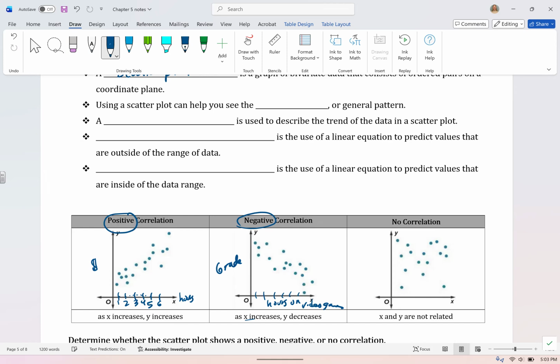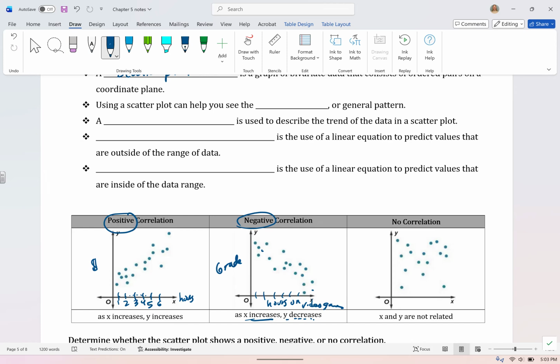A little bit, you still could have a high grade. A lot, you might not have the best grades. We'll see. So that would be a negative correlation. As x increases, your y value gets lower and lower and lower. As you increase how many hours you spend on your phone, perhaps your grades will go downhill.